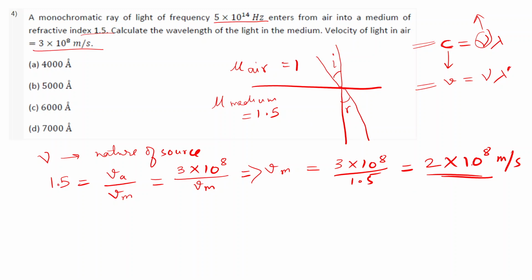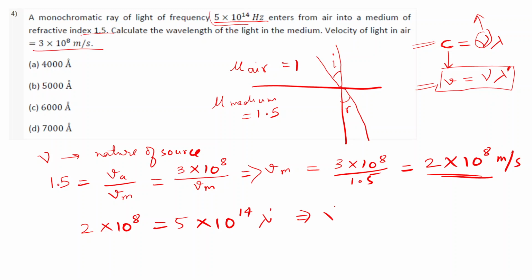Now we know the velocity of light in this medium, and from this equation we'll find the wavelength in this medium. Velocity of light is 2 times 10 to the power 8. Frequency we know is the same, so frequency is 5 times 10 to the power 14, and wavelength we need to find out.